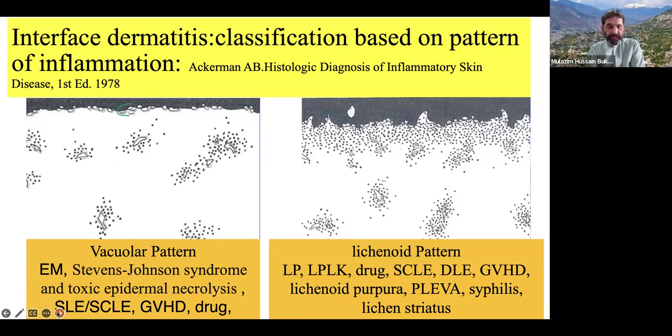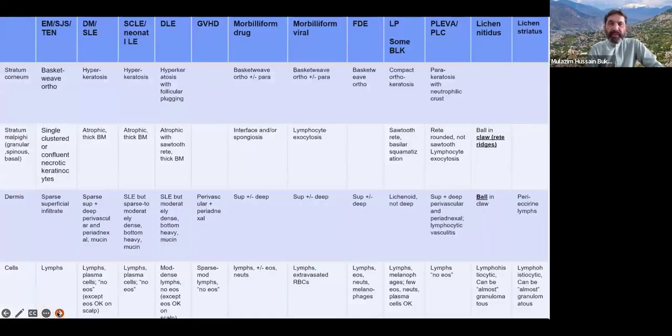Print that table, and whenever you sit at the microscope, open this table, compare the history, see the table, and then see the microscope. It will help you in diagnosing interface dermatitis. So this is the table. I will send this table to you separately.